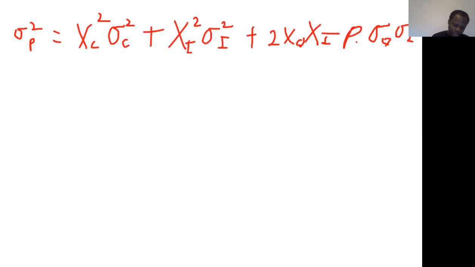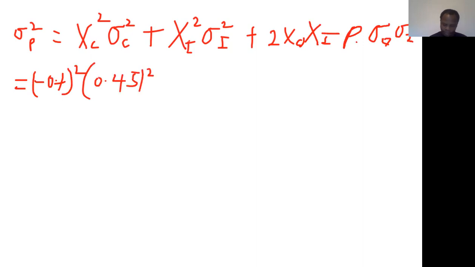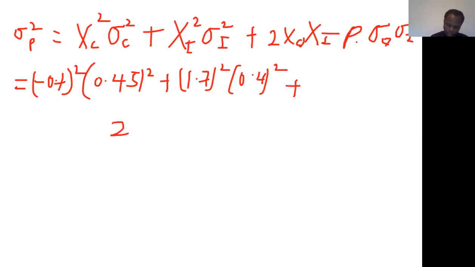So let's look at it from the question. We know that the weight of Oracle was negative 0.7, so you have negative 0.7 all squared multiplied by the volatility, which is 0.45 all squared, plus that of 1.7 for Intel multiplied by the volatility of 0.4 squared, plus 2 times minus 0.7 and then 1.7.